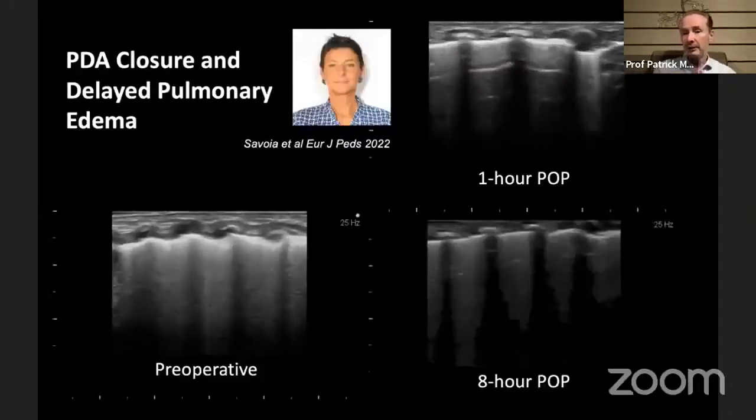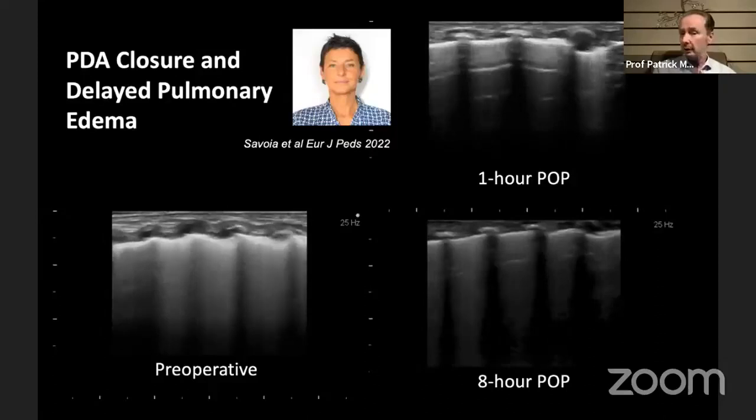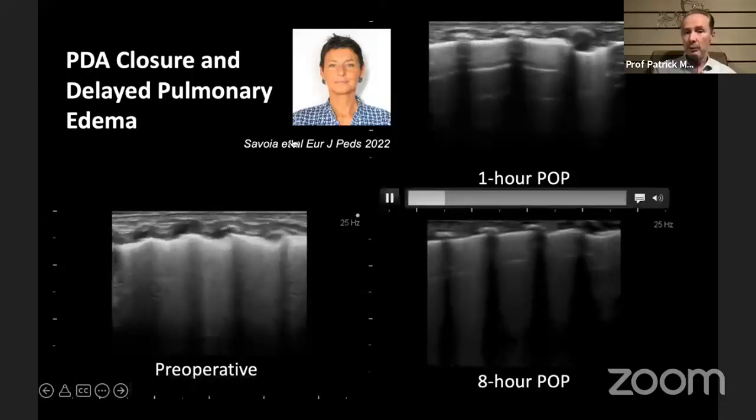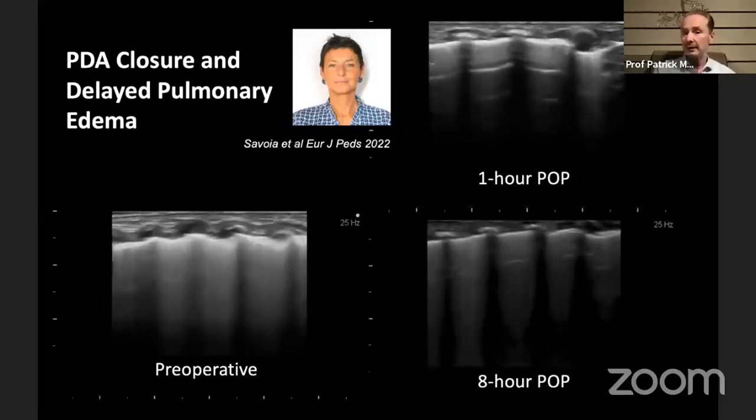Now, I'm not an expert on lung ultrasound, but this case was recently shared with me by Marilena Savoya, who just reported a case series of infants undergoing PDA closure. In their preoperative state, you can see something called coalesced B lines, and this is pathognomonic of pulmonary edema. 1 hour after PDA closure, you see the appearance of A lines, which is consistent with resolution of the edema.